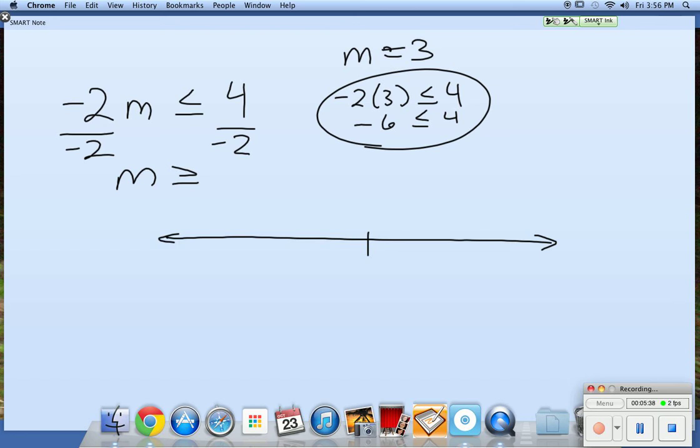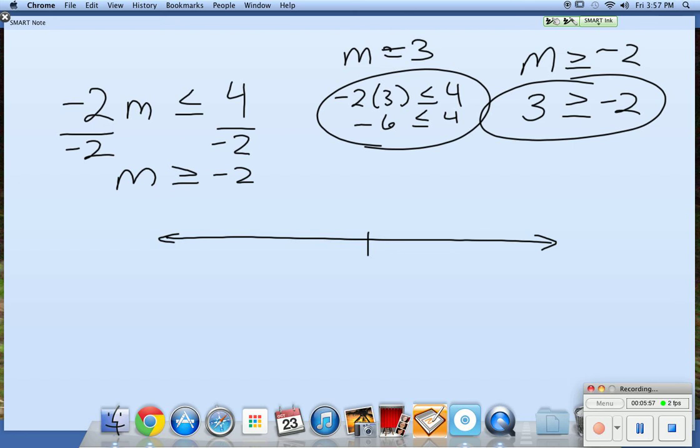Well, let's take that 3 again. m is greater than or equal to negative 2, and let's put that 3 in for m again. Is 3 greater than or equal to negative 2? Well, yeah, it is true. So we know that we're consistent with what we're doing here, and we've done the right thing.